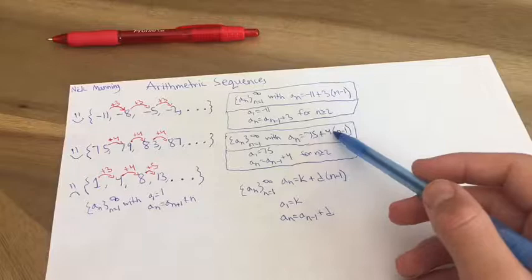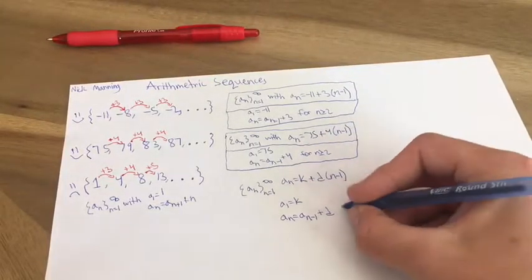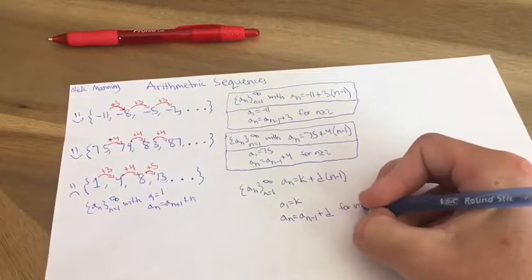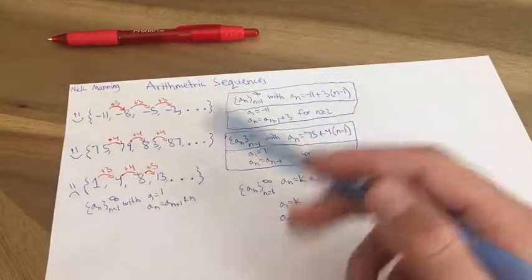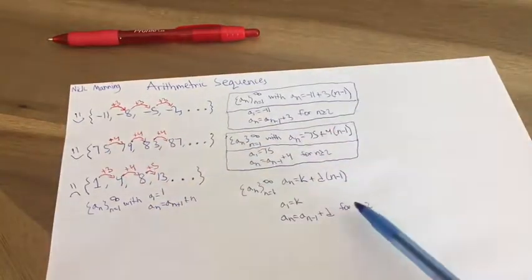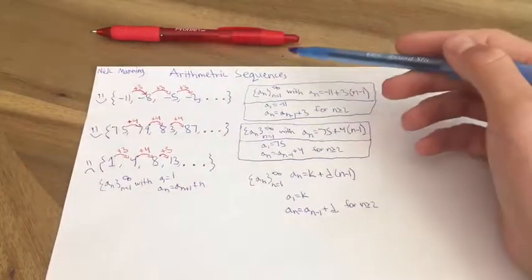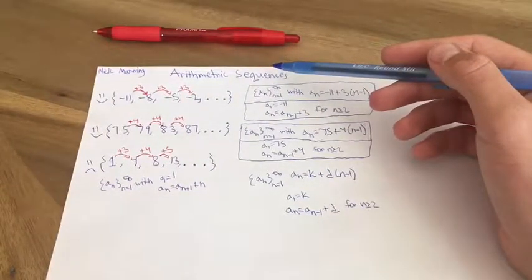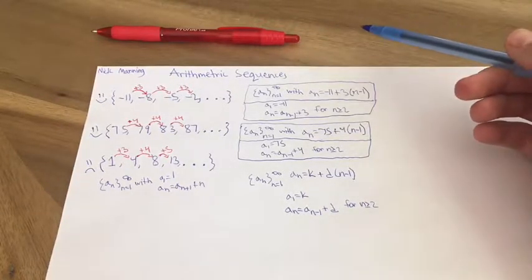And again, if that was minus 4, that would be minus 4 right there. And n is greater than or equal to 2, because you can't say the same exact number. That's why we have n is greater than or equal to 2. So that is how you figure out arithmetic sequences and how to write them explicitly or recursively.